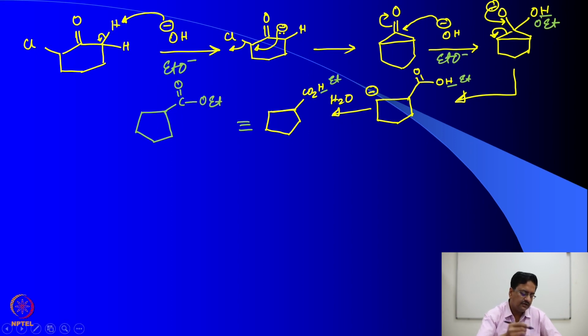If you have used sodium hydroxide as a base, then you would have got the corresponding acid as a product. So, depending on whether you use sodium hydroxide or sodium ethoxide as a base, you get either acid or an ester in this particular reaction.